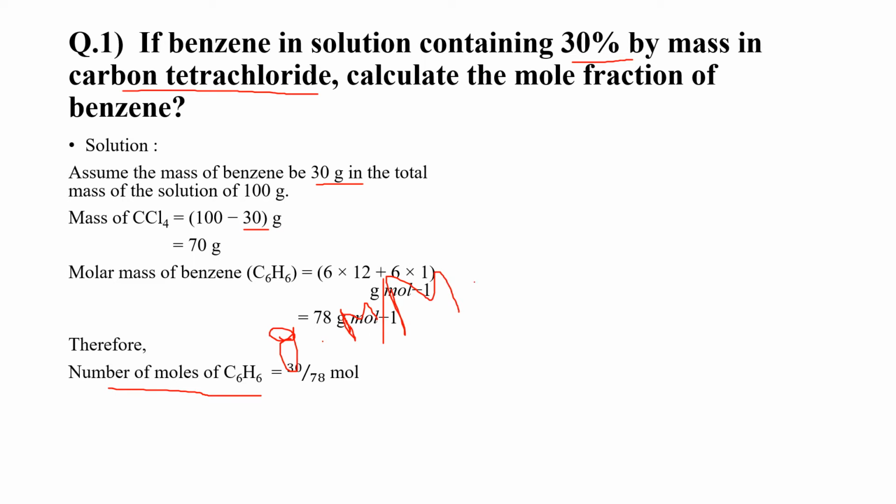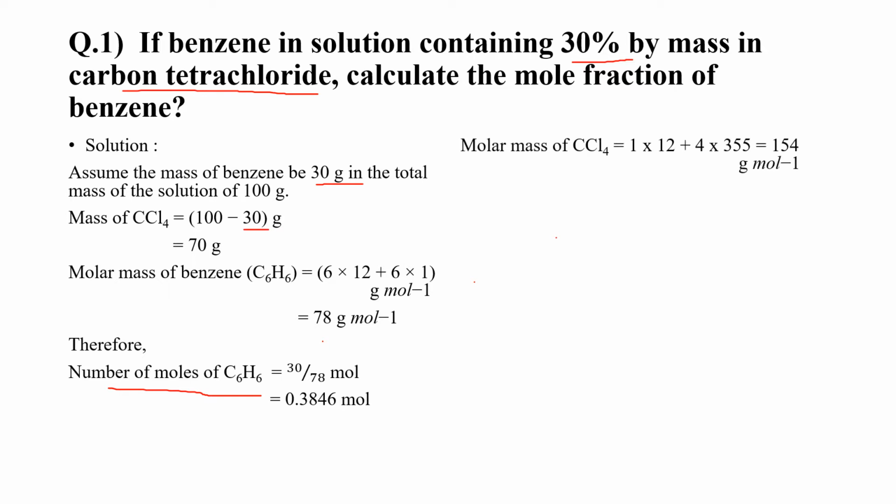So here given mass of benzene is 30 gram and molar mass of benzene is 78 gram per mole. So the number of moles of benzene will be calculated as 0.3846 mole. Now similarly, for the molar mass of carbon tetrachloride, CCl4, after calculating the atomic mass of each atom, we have calculated the molar mass of CCl4 as 154 gram per mole.